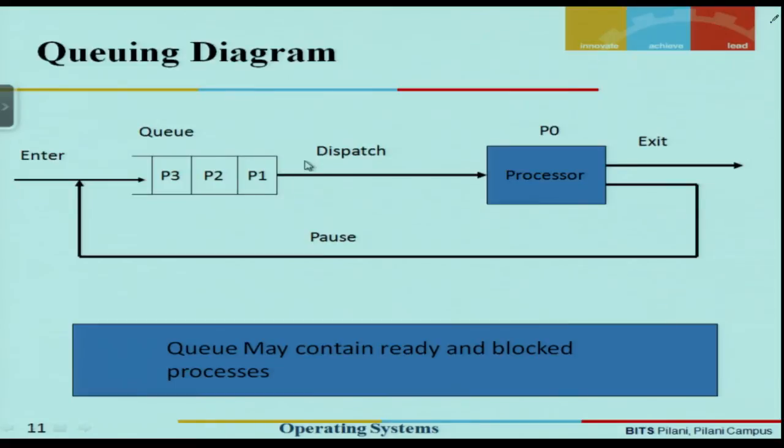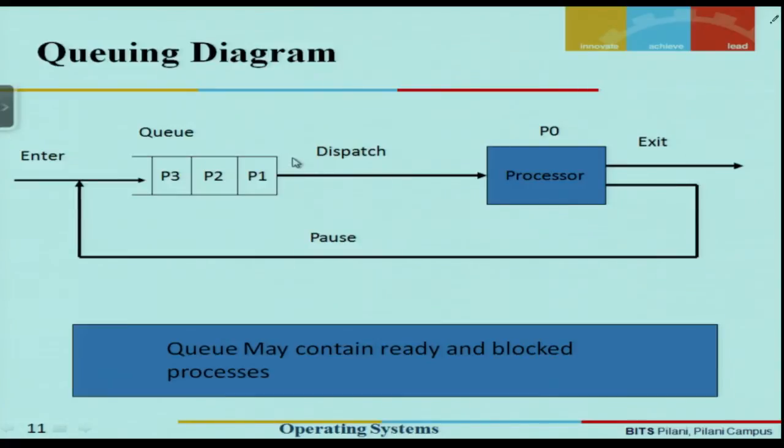So this is a problem. We would find that our dispatcher would be required to make a linear search and it would take more time, and as we said a while ago, the dispatcher has to be really very efficient.